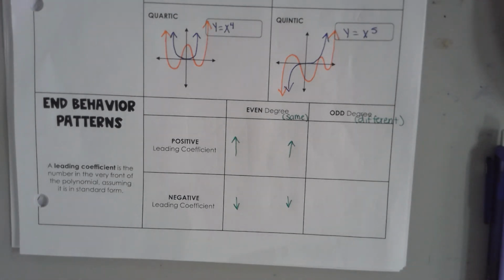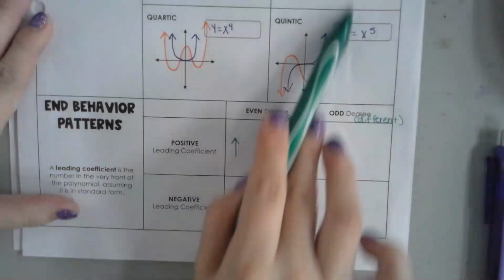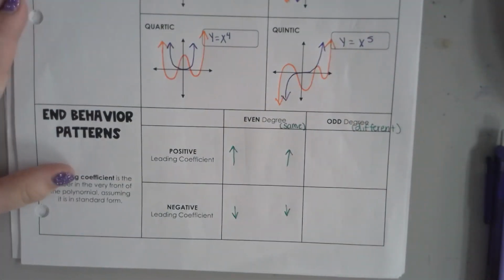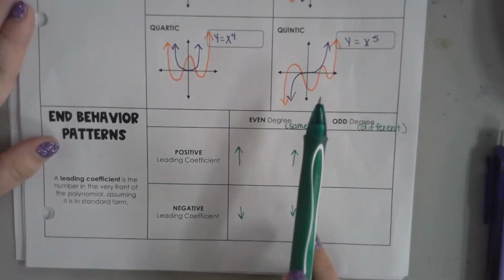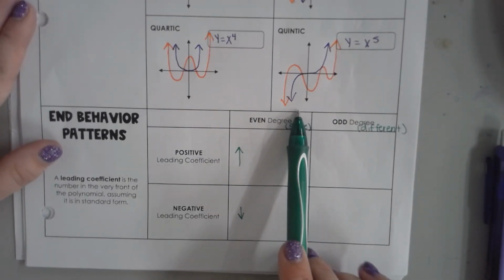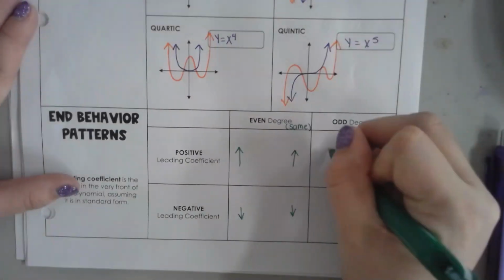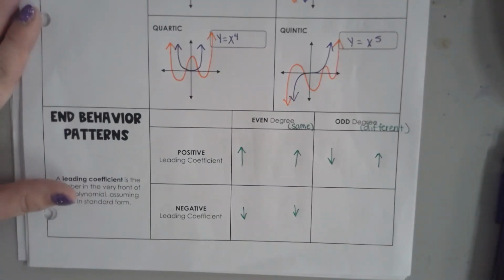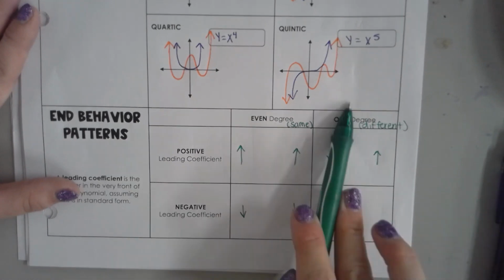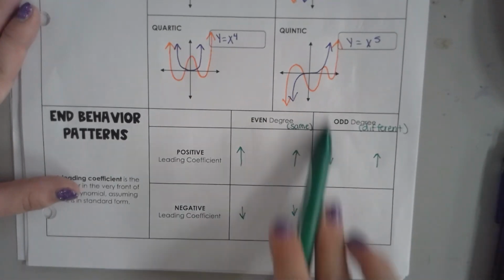The examples that we had had a positive leading coefficient. This is different. What does the arrow on the left side do? Point up or down? Down. So the left side points down, the right side points up. That's with an odd degree and a positive leading coefficient.